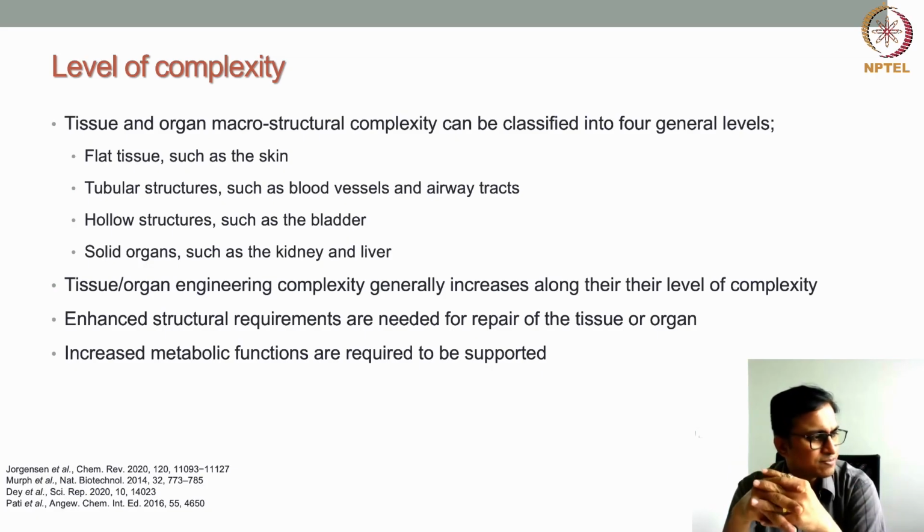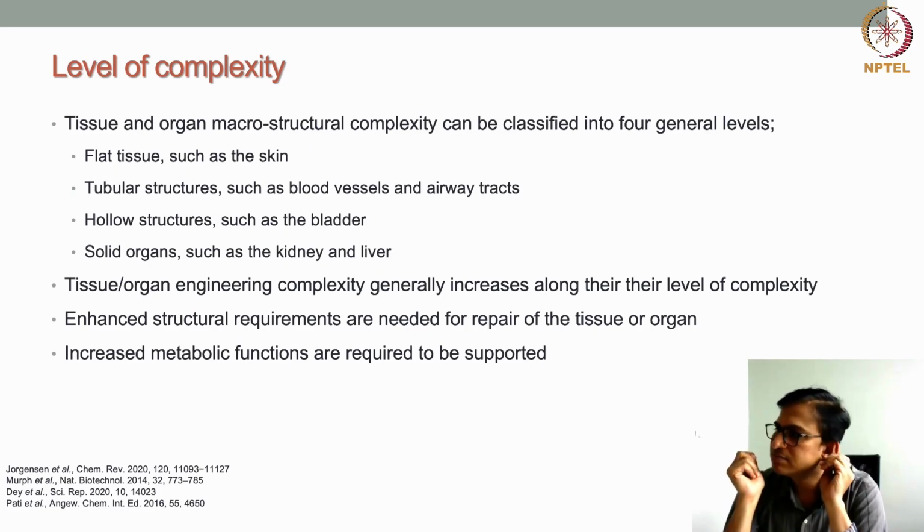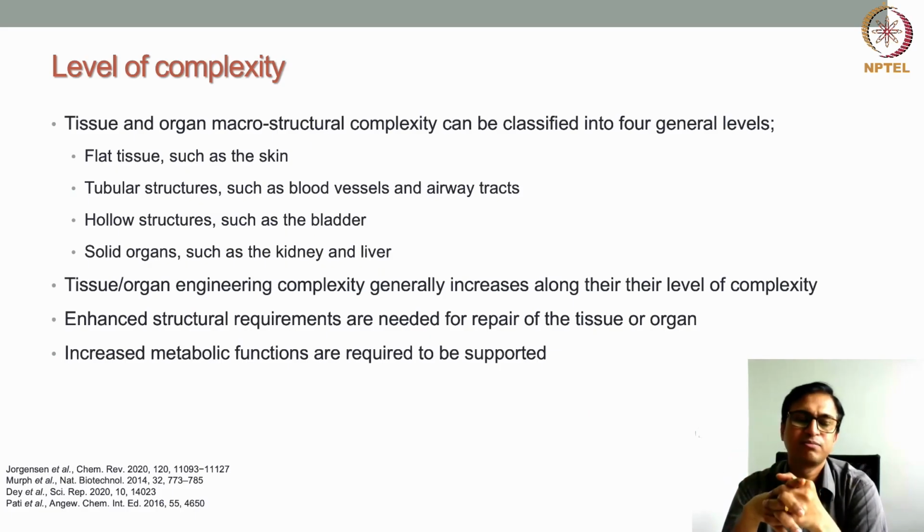Then the highest level of complexity is present in the solid organs, like kidney, heart, liver, pancreas. They have a very high level of structural details. So we need to understand all these things, and accordingly devise our strategy to target any of these organs for bioprinting.